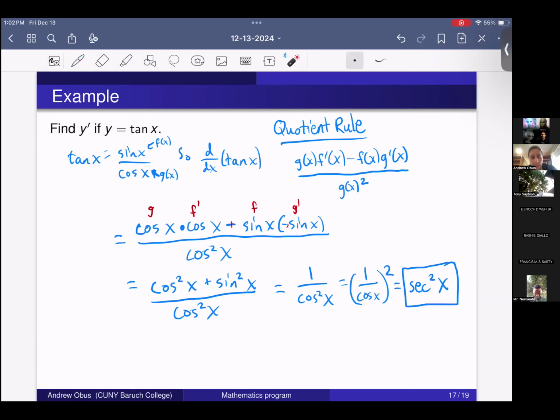You can use the first principle to get this. If you want to go from the definition, you could probably figure this out also. But the point is, once we've done sine from the definition and cosine from the definition, it's much easier to now do everything in terms of the quotient rule.